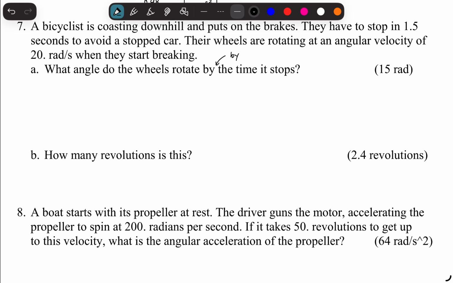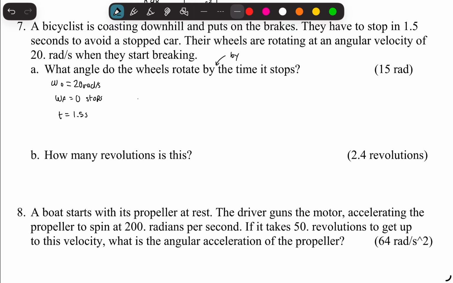So we were given that our initial angular velocity is 20 rads per second. We're also given our final angular velocity is going to be 0 because it stops. And we also are given that our time is 1.5 seconds. So we need to find angular acceleration.